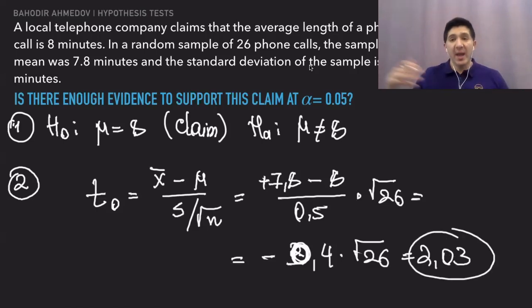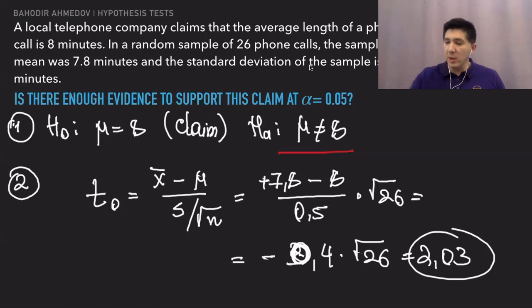Okay, so now the next step is we need to define the rejection regions, and in order to define the rejection regions, we're going to use the T table, right? In order to find the rejection regions, what do we need to know? We need to know the test type. So we need to look at the sign of the alternative hypothesis. Since that is a non-equality sign, it means that the test type is a two-tailed test.